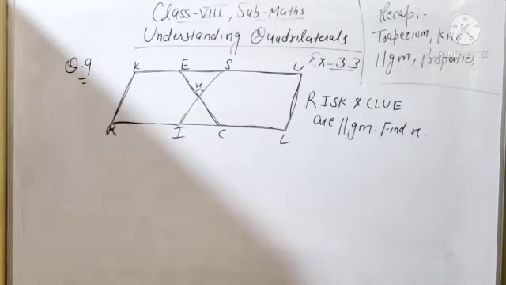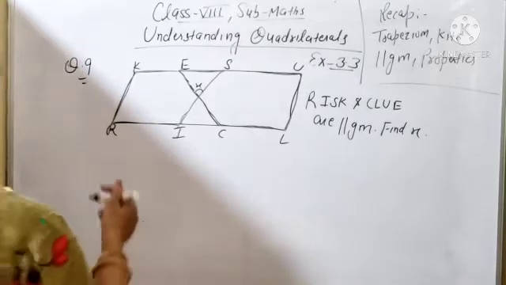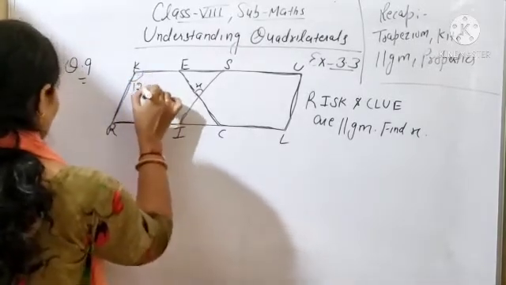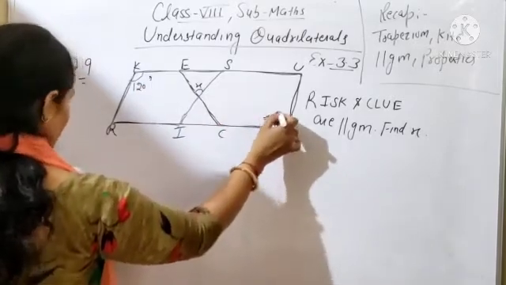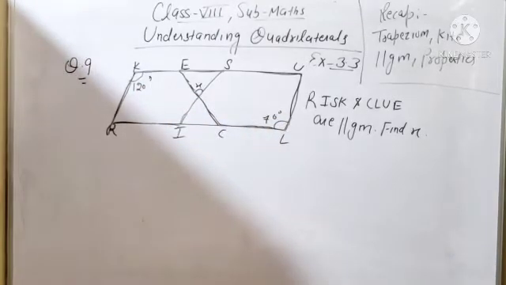After that two angles are also given, beta. This angle K is given 120 degrees and this angle is given 70 degrees. You have to find out the value of x.